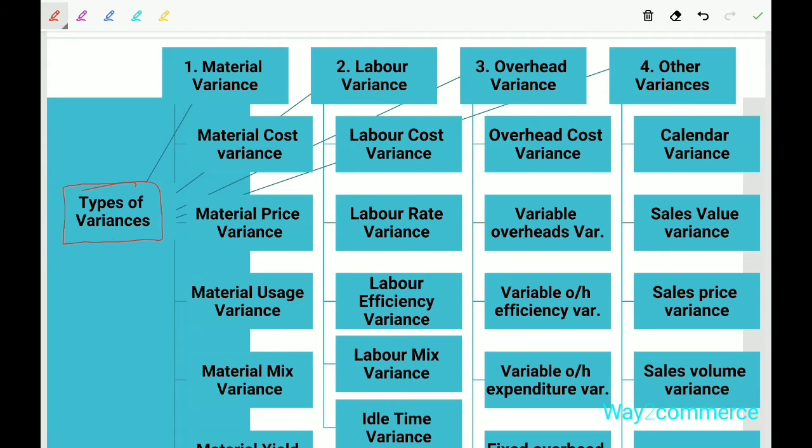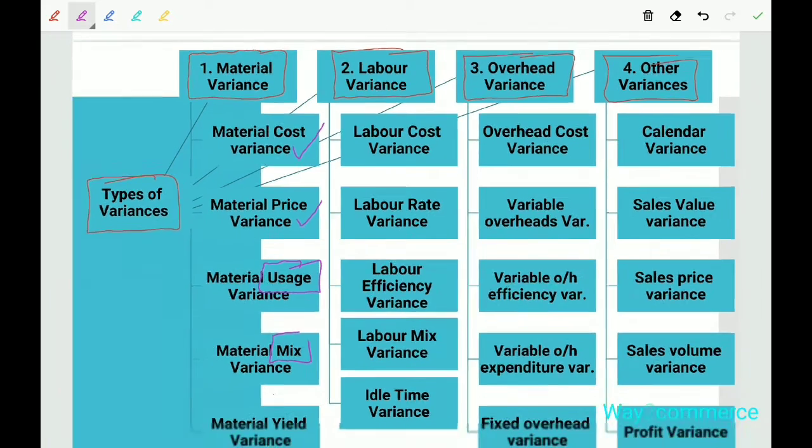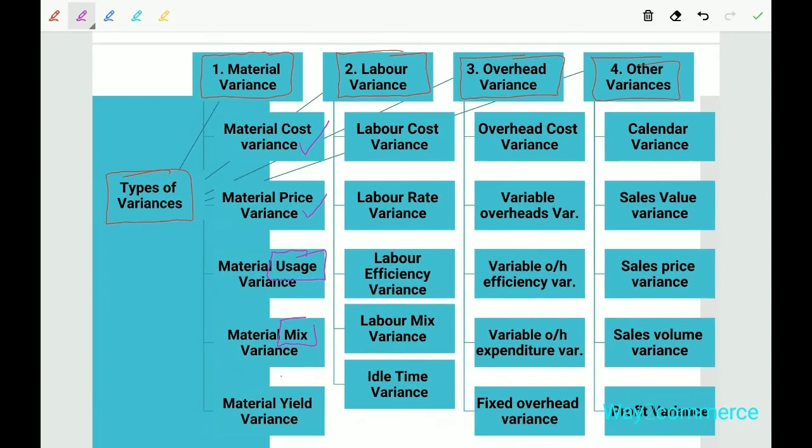Types of variances in respect of material, in respect of labor, in respect of overhead, and other variances. In respect of material: material cost variance, material price variance, material usage variance, material mix variance and material yield variance. So these are the material variances.